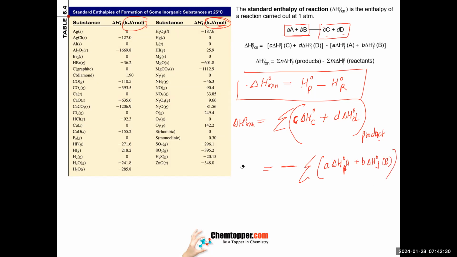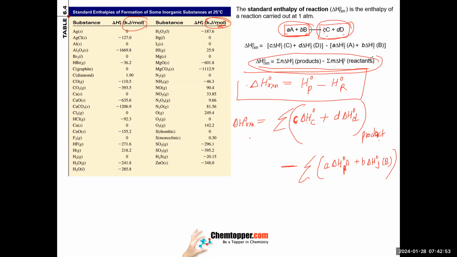So that will give you delta H naught of the reaction: summation of the products multiplied by their coefficients minus summation of the reactants multiplied by their coefficients. This is the simple equation. We'll use this equation to calculate delta H naught of different reactions.